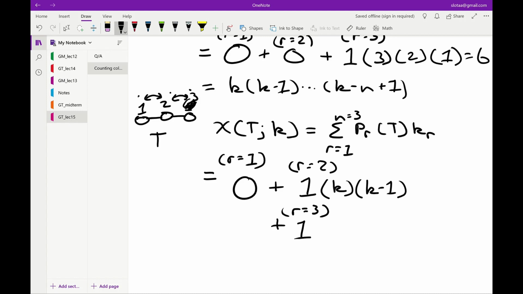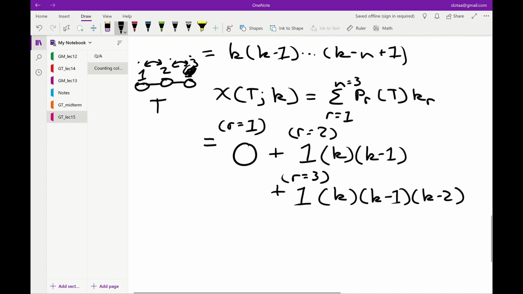They all are going to be in independent sets, and it doesn't matter what the labeling is. There's just only one way, putting each vertex into its own non-empty independent set. And so same idea, times k times k minus 1 times k minus 2 for R sub 3.